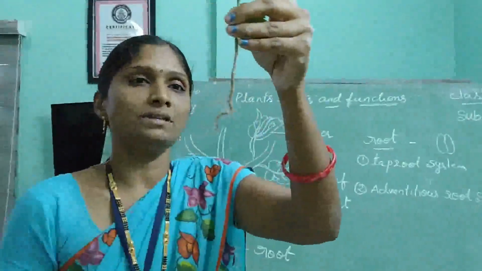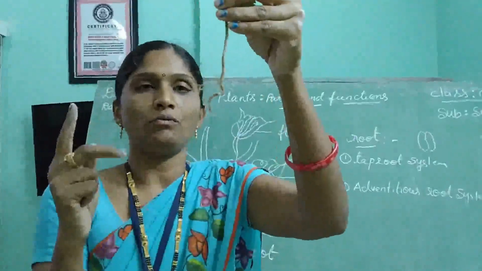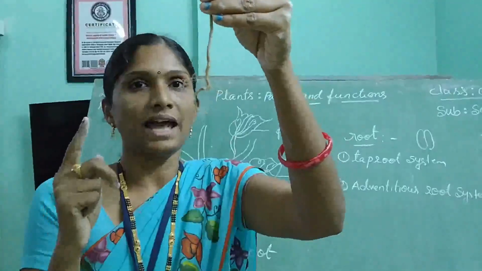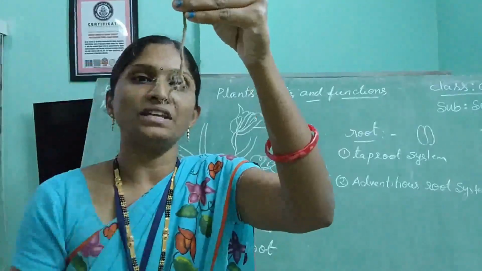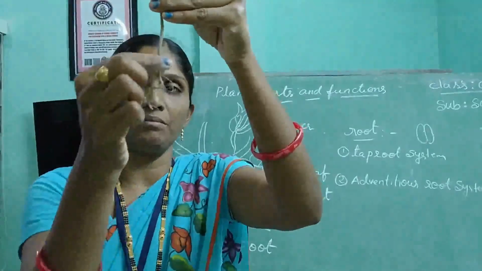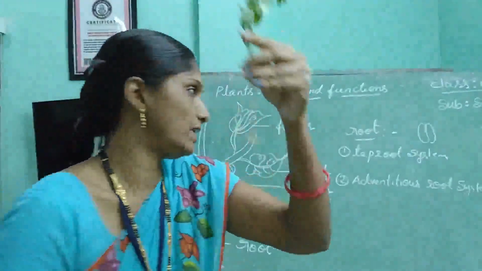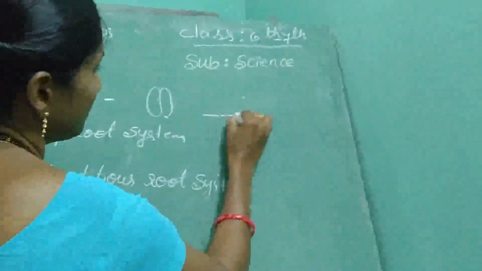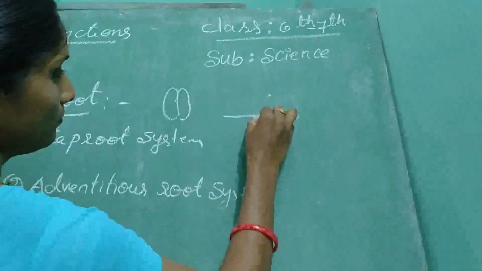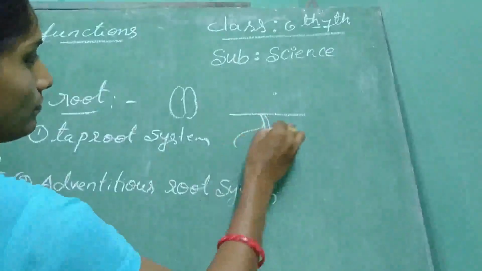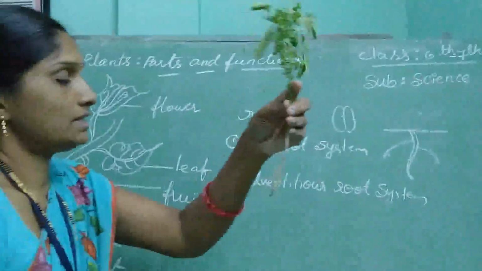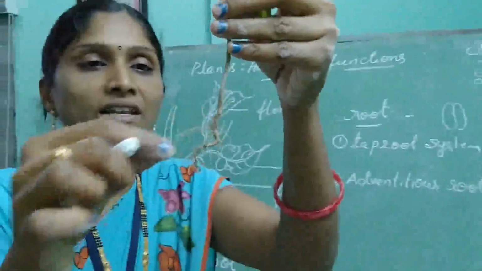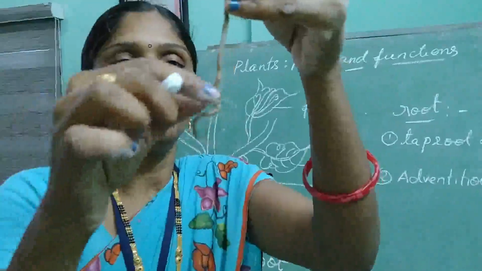The taproot system consists of one main root that becomes very thick, like this. And the other roots become very thin.